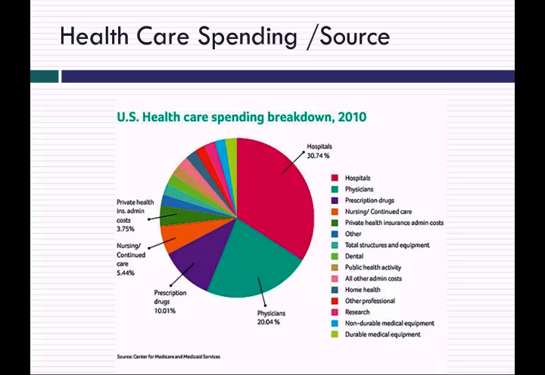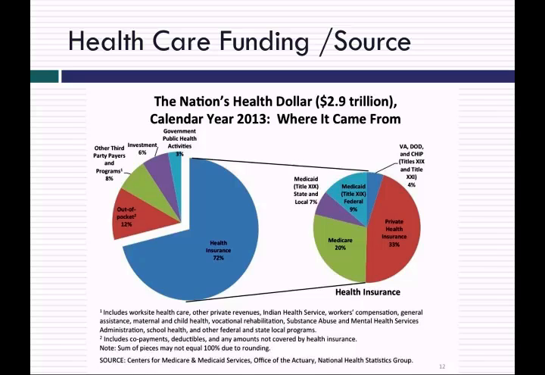If you look at the color key to the right, the reddish, smaller triangle is other professionals. That's probably where OT and PT would be. You see that OT and PT accounts for a very small percentage, I'm estimating less than 2% of healthcare spending. Really, the majority is going toward hospitals and physicians, so about 50%.